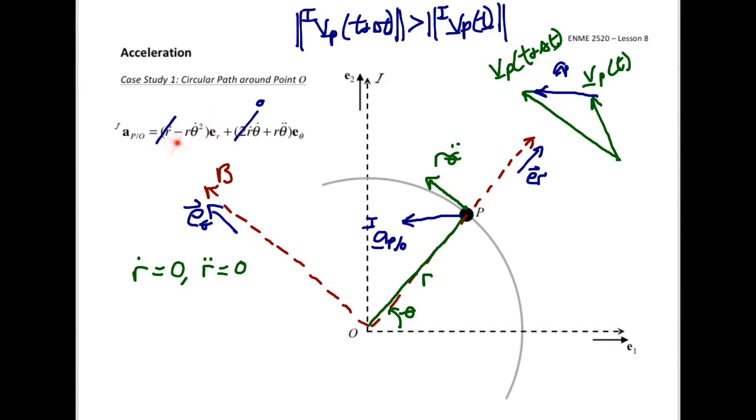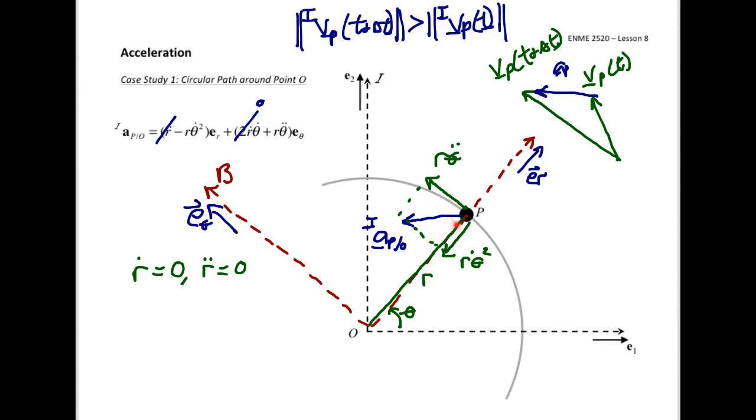And so the negative indicates that it's in the opposite direction of E sub r, and so the opposite direction of E sub r is going to give us an acceleration vector here, and it has a magnitude of r theta dot squared.